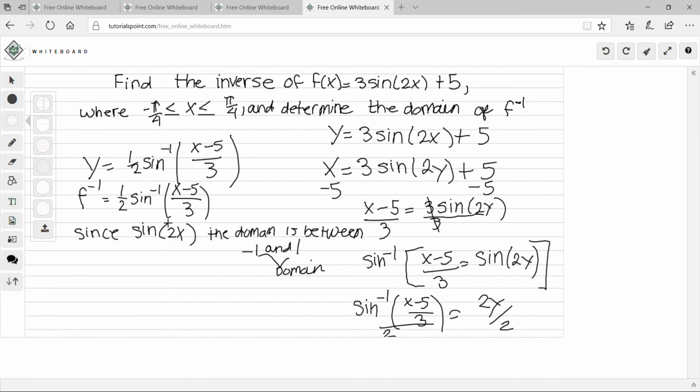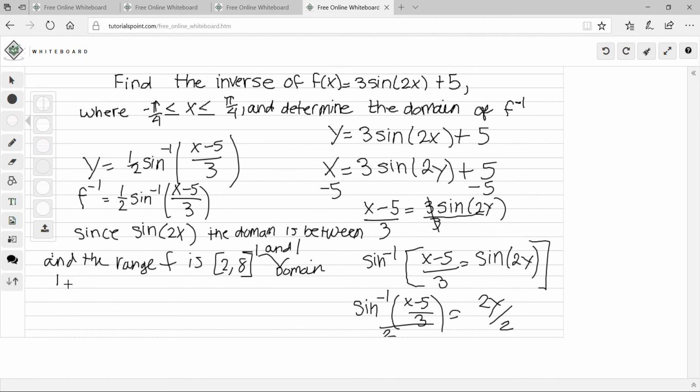Okay, and then the range of f, this graph, the function, is between 2 and 8. So how I got that was, remember the amplitude is 3, right? And then we have a vertical shift of 5.